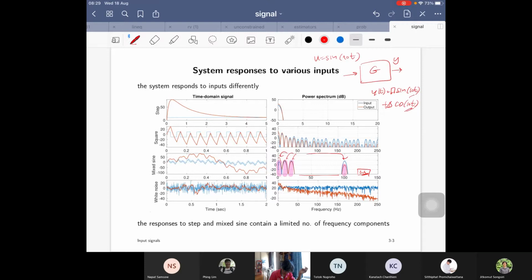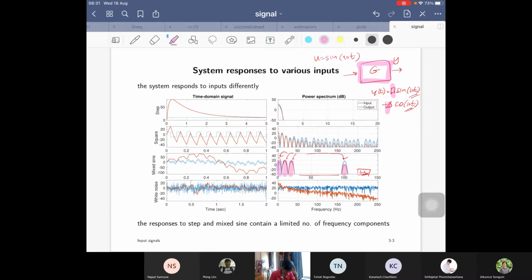But there must be at the frequency 10. There cannot be sinusoidal at other frequencies. Okay, and the gain represents, of course, how your system attenuates you at that frequency.